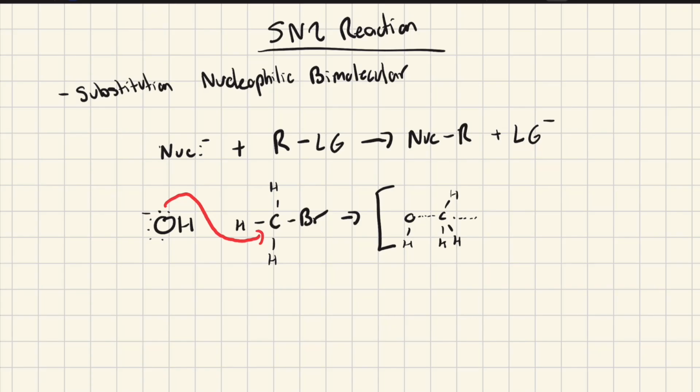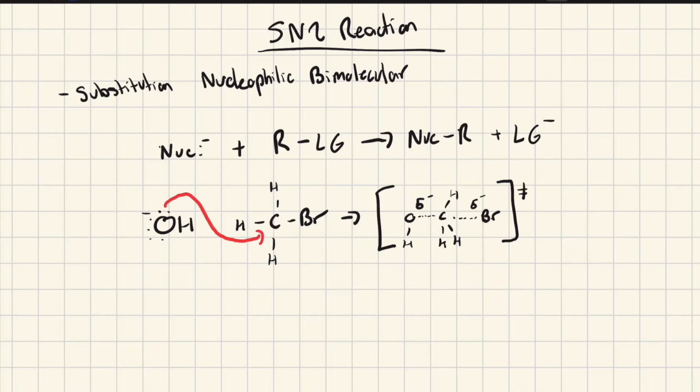And then we're going to have another dotted line showing that our bond with bromine is going to break. Now, this is going to be a partial negative, and we have another partial negative here. So our bromine is going to get closer to a full negative, and our already negative hydroxide is going to get closer to neutral.